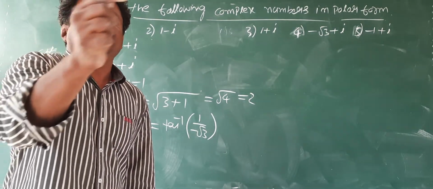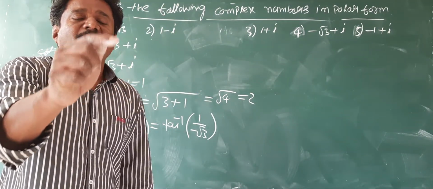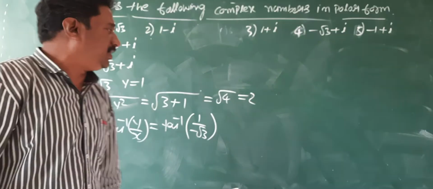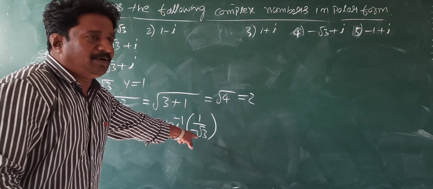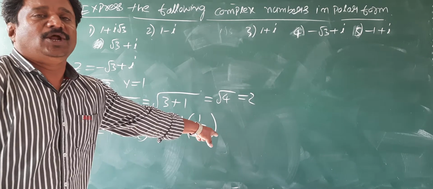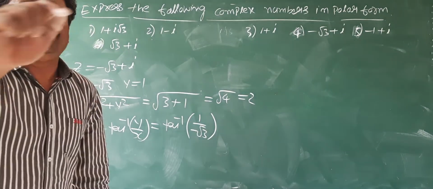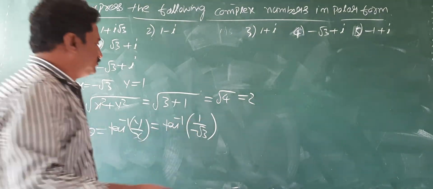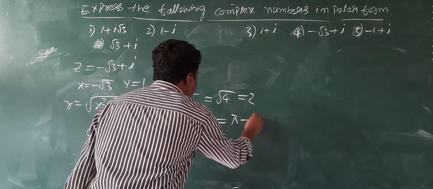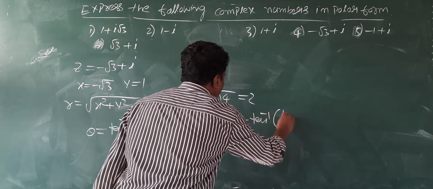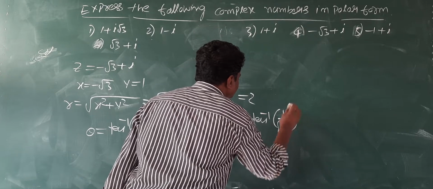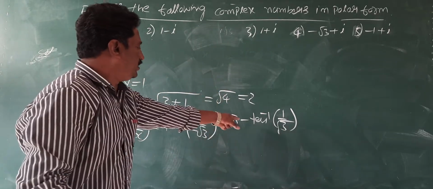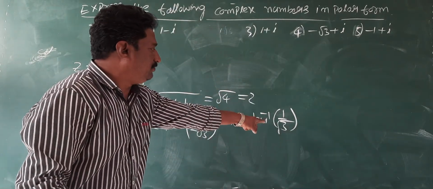We have denominator minus, so for the denominator minus you use pi minus. So pi minus tan inverse 1 by root 3.